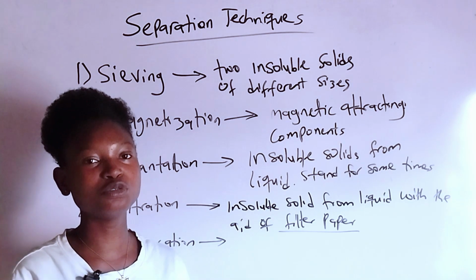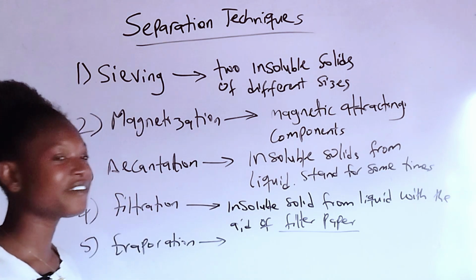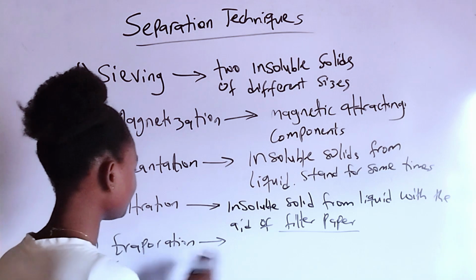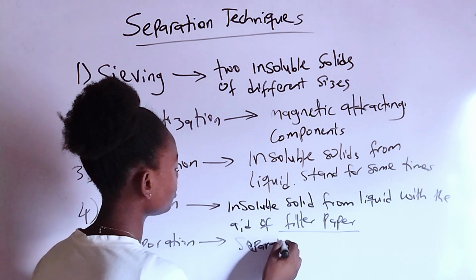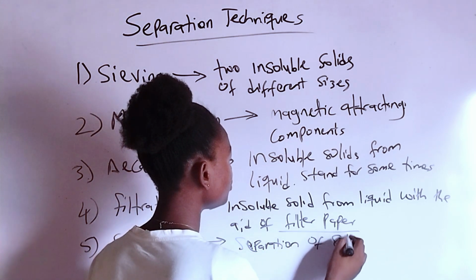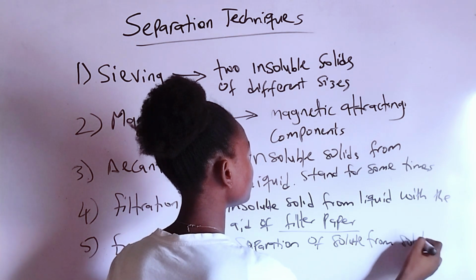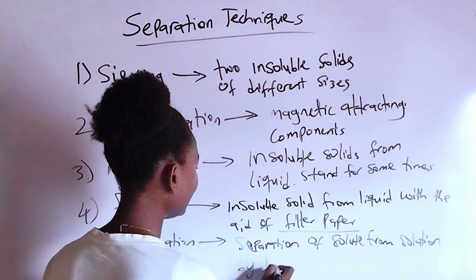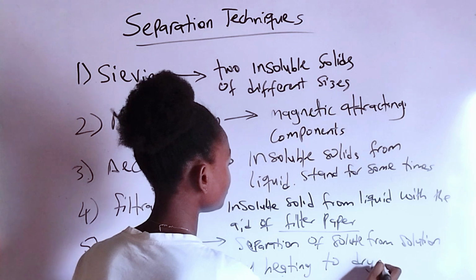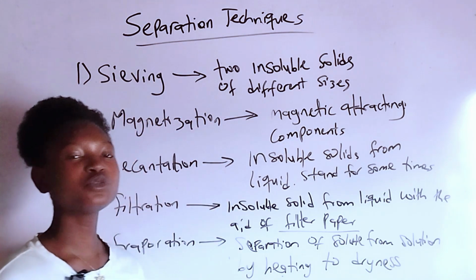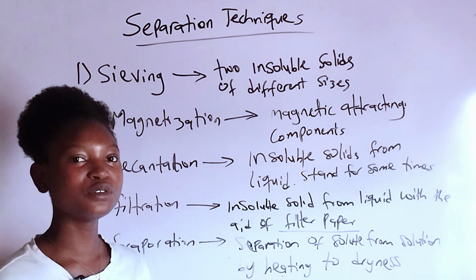You can get your solute, which is your salt, from your solution by evaporation, and this is done by heating to dryness. So we are going to heat that solution until it dries so as to get our solute.